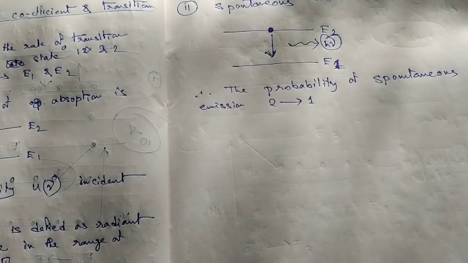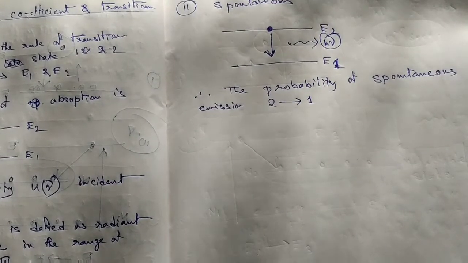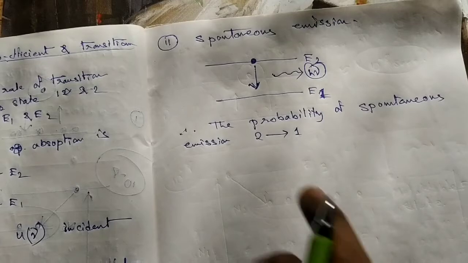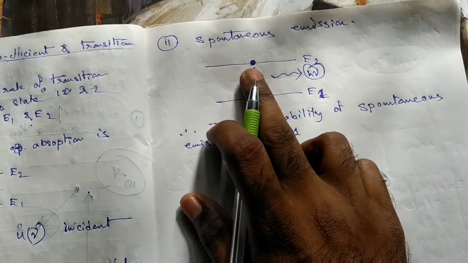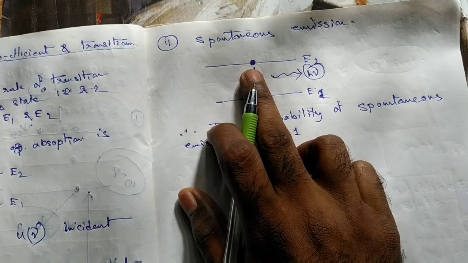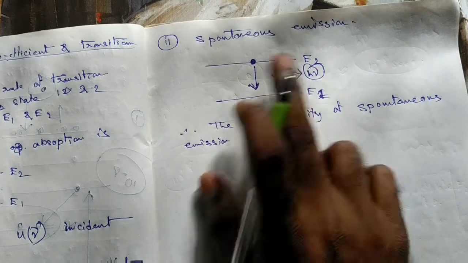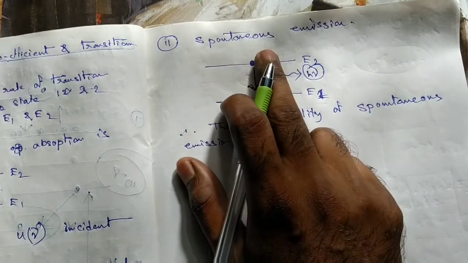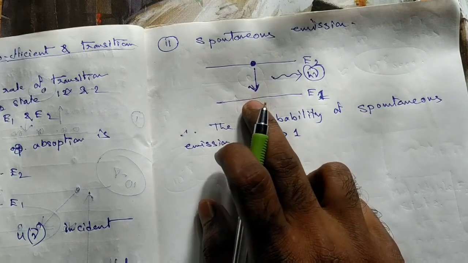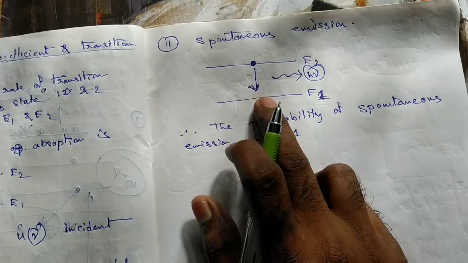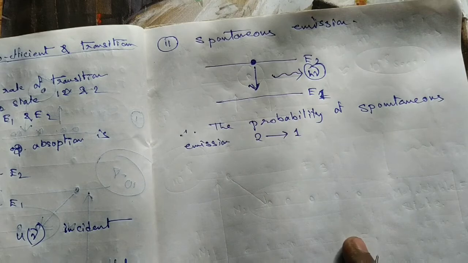Due to the stimulated absorption, this excited atom is situated in excited state 2. Because of instability, this atom again returns to its initial lower energy state E1. This process is known as spontaneous emission.